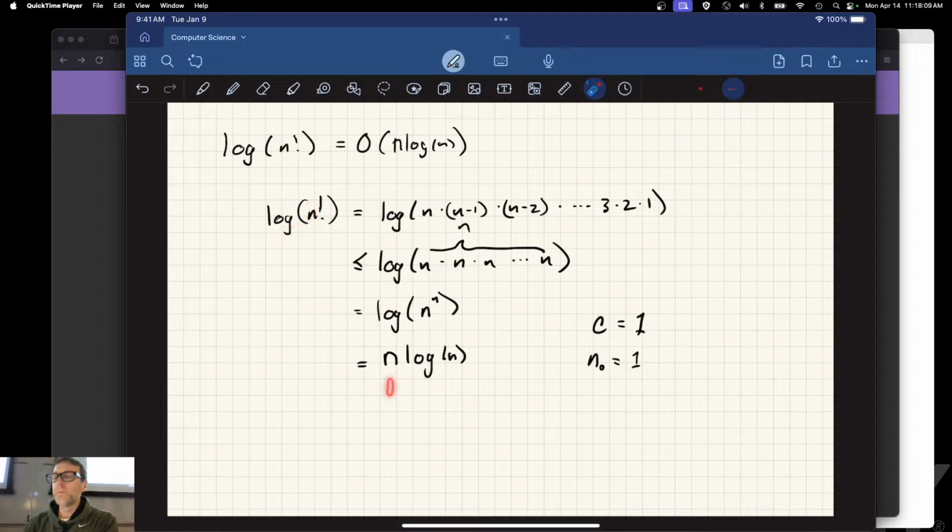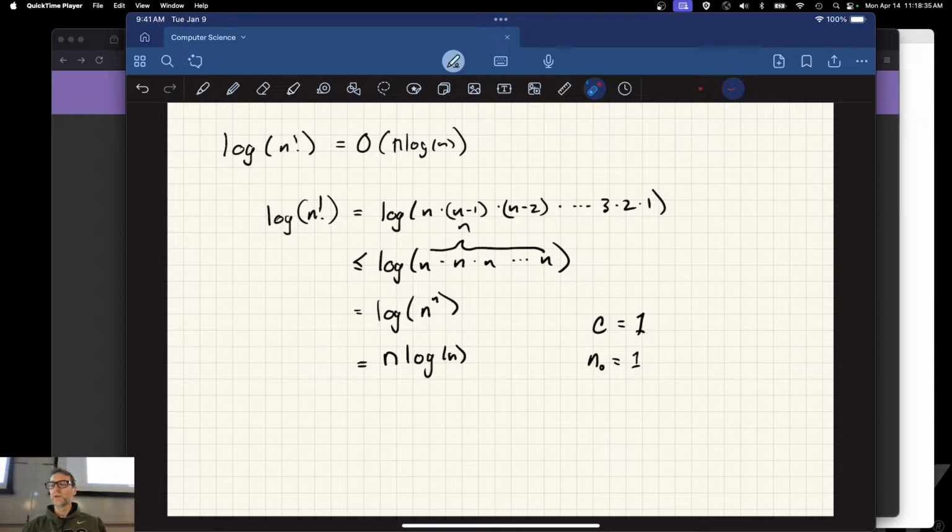So 1 times log of 1 is going to be 0, so 0 is less than or equal to 0. That works. 2, 1, that would still work too. How about 3? 3 factorial ends up being 6, and then this ends up being 3 and 3. Yeah, that's going to work there.